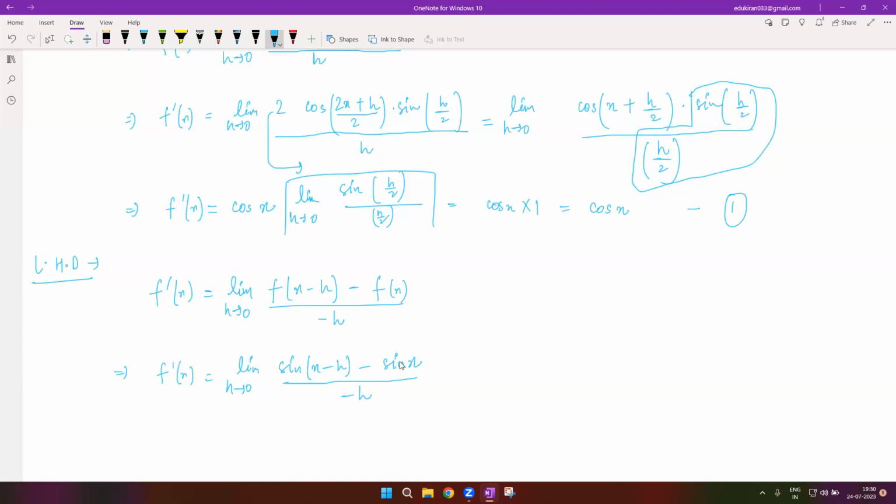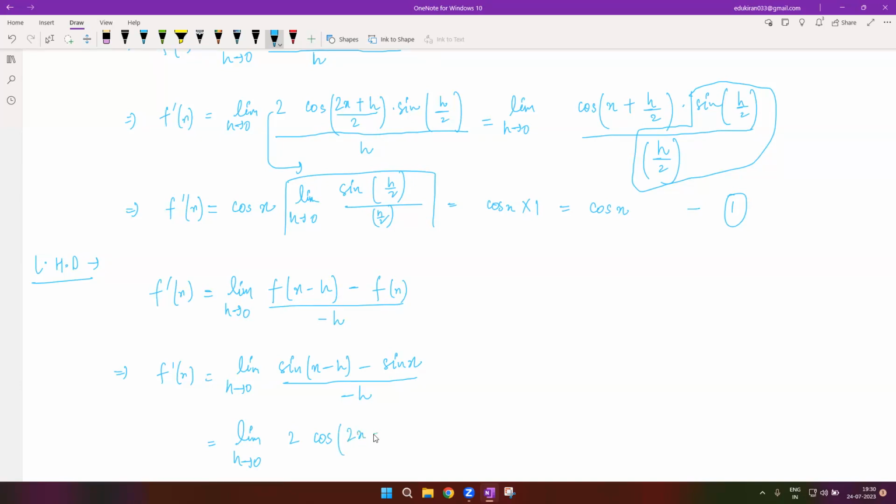This is again the sine a minus sine b formula. We will apply the formula again. Limit h tends to 0. Sine a minus sine b becomes twice of cos of a plus b by 2 and sine of a minus b by 2.